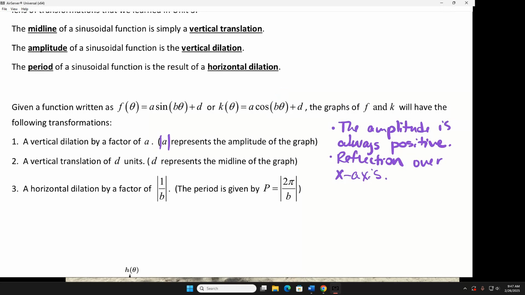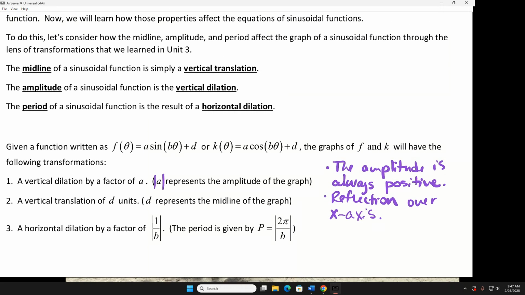All right, now I forgot to do something. Let's go back up and draw a little sine graph, just a parent function sine and a little parent function cosine graph.